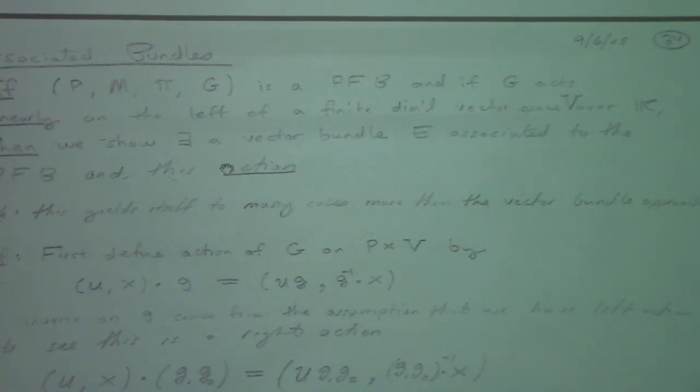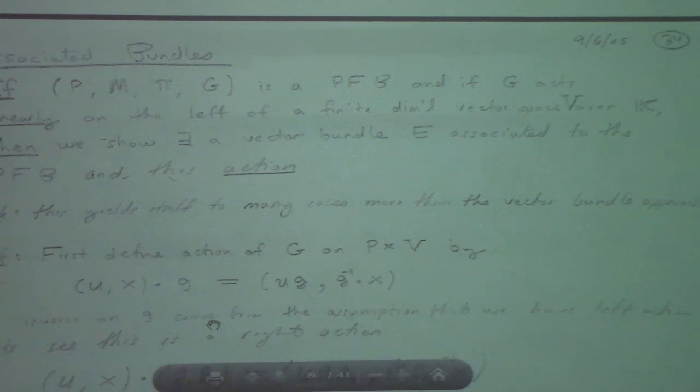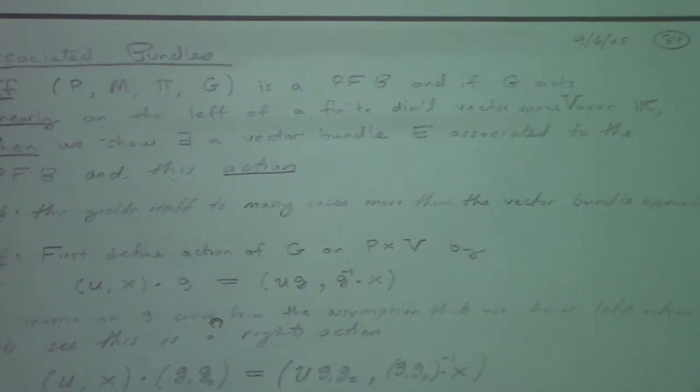So an associated bundle is a vector bundle which is associated to a given principal fiber bundle in a natural way. That there's some kind of interface between the vector bundle and the principal fiber bundle. There is such a thing as bundle morphism, yes. And that means something, yes.